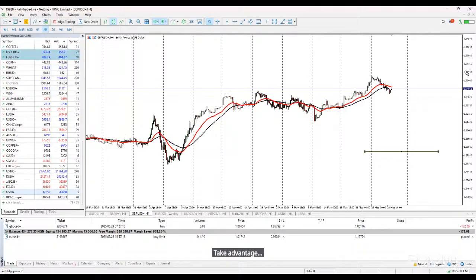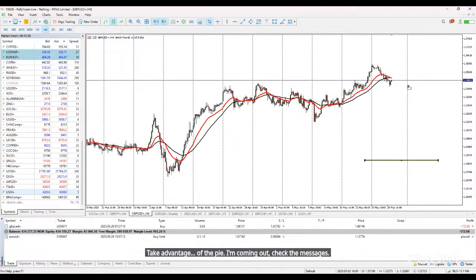I'm checking the messages while trying to show something very fast. So this region now is the best place for us to take a buy, and that buy is going here.